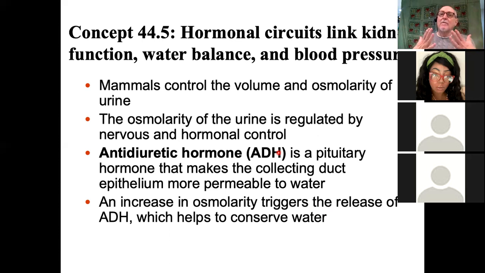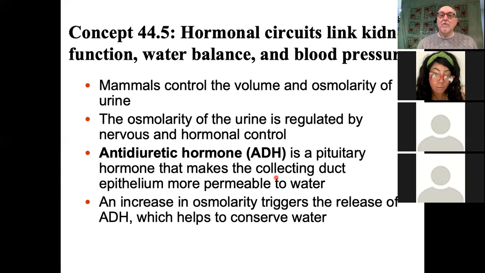A diuretic is something which causes you to lose fluid, to pass increasing volumes of dilute urine. An antidiuretic is something which causes the kidneys to take up as much fluid as possible, so that you then produce a more concentrated urine.